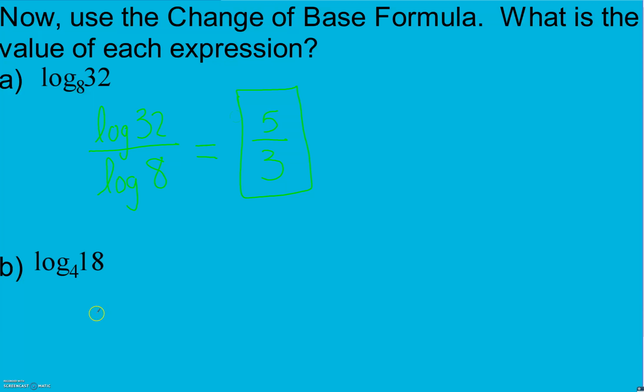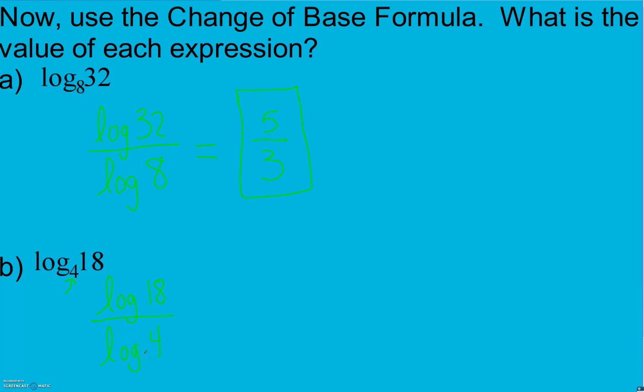Same idea here for B. We take log of 18 divided by log of 4. And again, this is called our change of base. It changes our base number to one that we can use with our calculators, 10 and e. We could pick anything. We could change it to be log base 401 of 18 divided by log base 401 of 4, but that's not very helpful because the only ones that our calculators come equipped with are 10 and e.